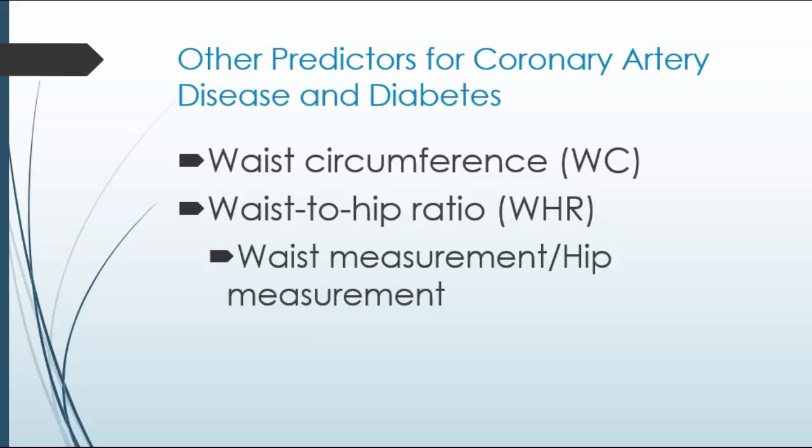For example, waist circumference is a stronger predictor of coronary artery disease than the BMI. So a waist circumference greater than 35 inches in women and greater than 40 inches in men indicates central obesity. So that means obesity in the core of your body.